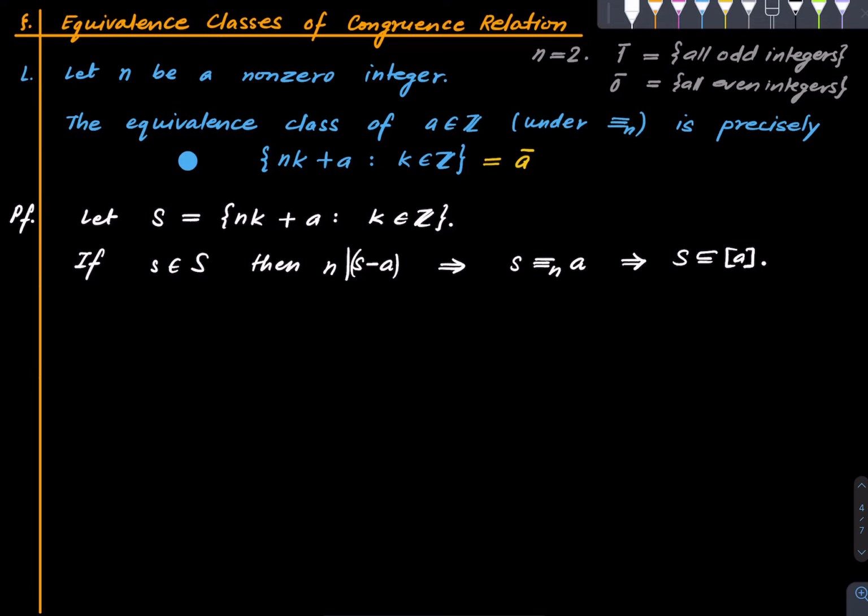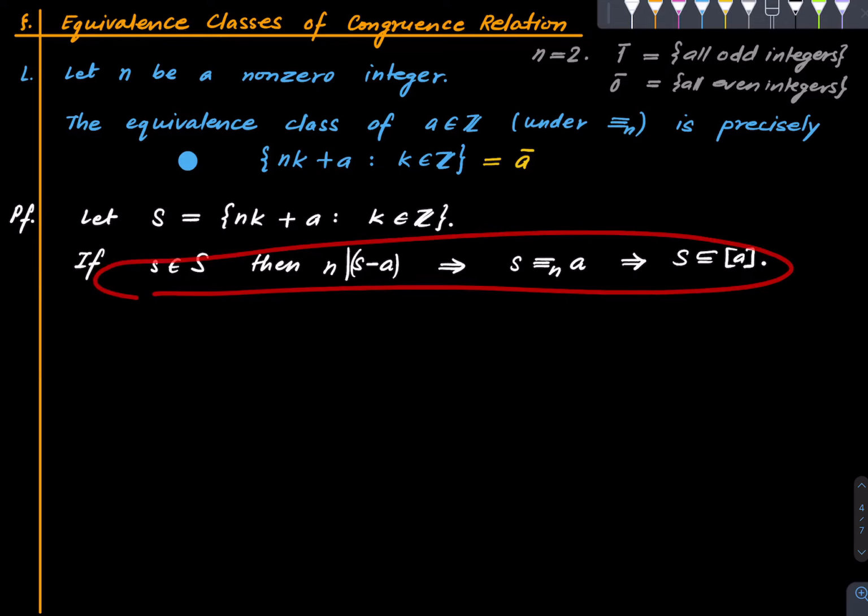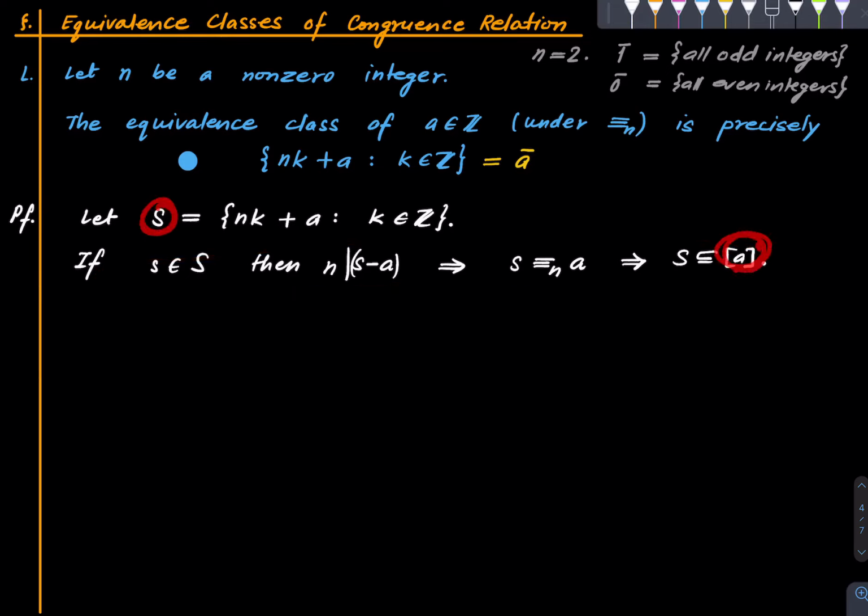I hope you followed this. We showed that everything in S is in the equivalence class of a, and now for the reverse containment, pick something in the equivalence class, and denote it by b. Then n divides a minus b, because a and b are related, or let me write that as b minus a, it's the same thing.